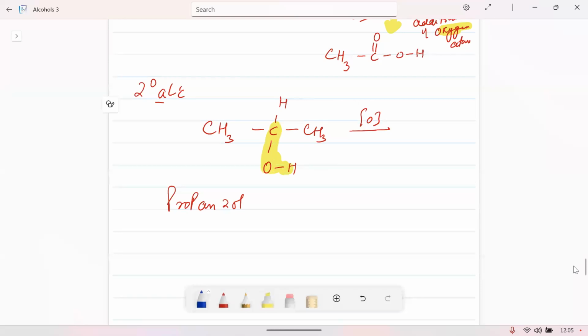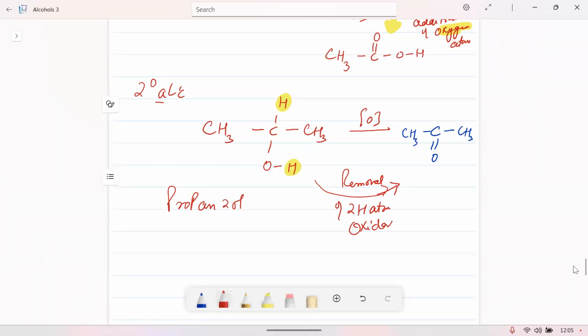First we convert this into a ketone and then write down the rest of the groups. If you observe over here, the hydrogen attached to the oxygen and the hydrogen attached to the carbon that carries the oxygen are removed. So removal of two H atoms, and that is oxidation.